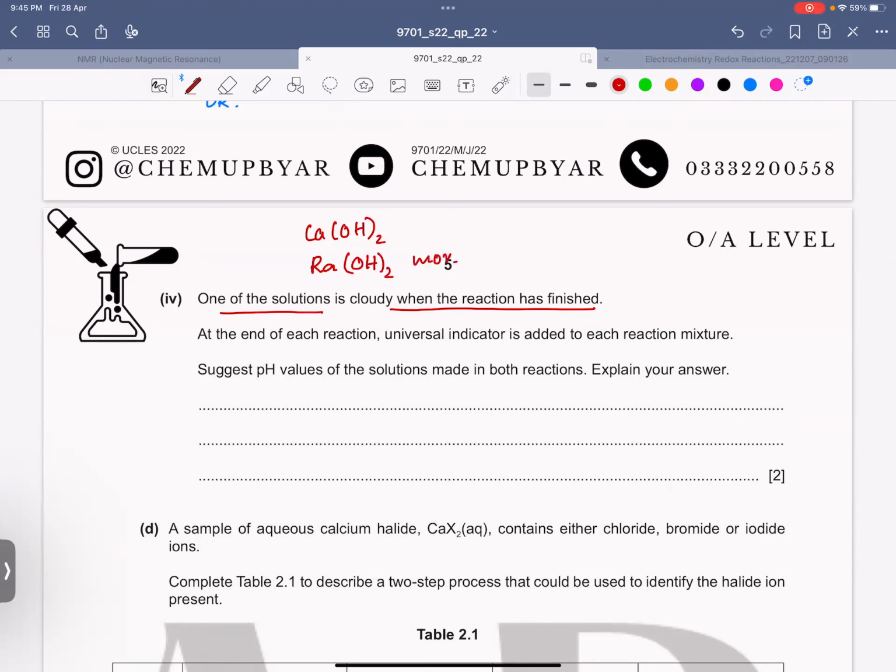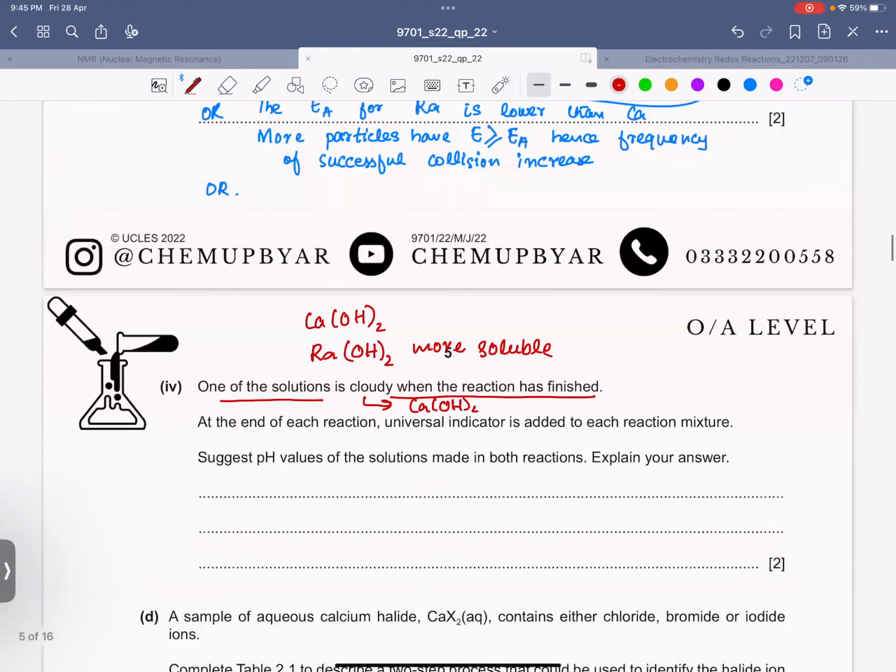This radium hydroxide is actually more soluble, which means that the cloudy one is calcium hydroxide. Is this understandable? Sir, how do we know? It says one of the solutions, so it could be sulfate also, right?